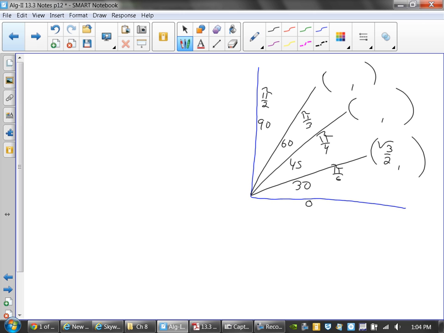The sine of 30 degrees, opposite over hypotenuse, 1/2. That's where this stuff comes from. It's coming right out of the 30, 60, 90 and 45, 45, 90. These values are just going to mirror each other with different signs, positives and negatives, throughout the 4 quadrants.